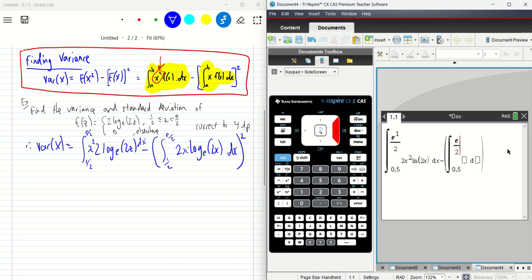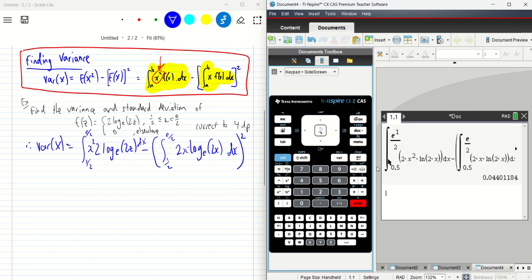So 2, and this one will be 2x log natural log. Didn't like that. Just put a times in between. Likes that better. Sometimes you have to just put times in between things. 2x dx, and it's this whole thing squared.